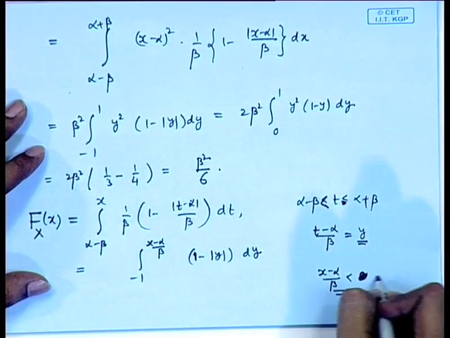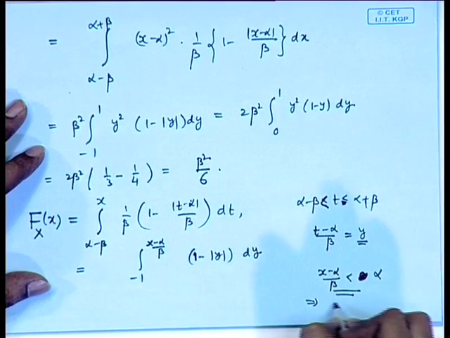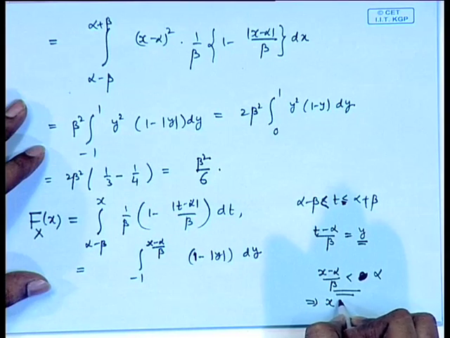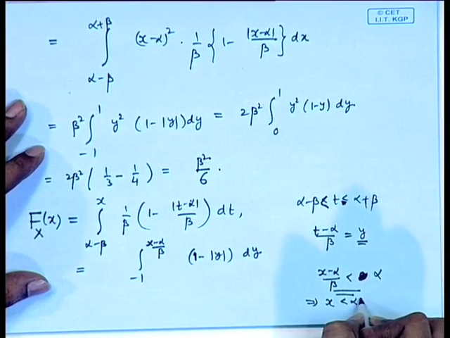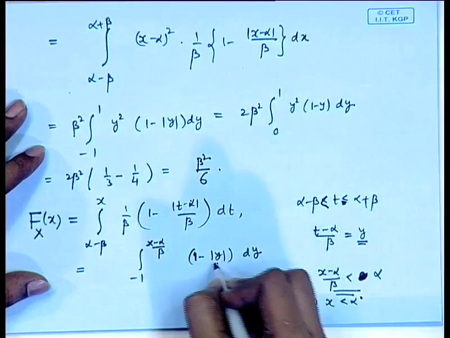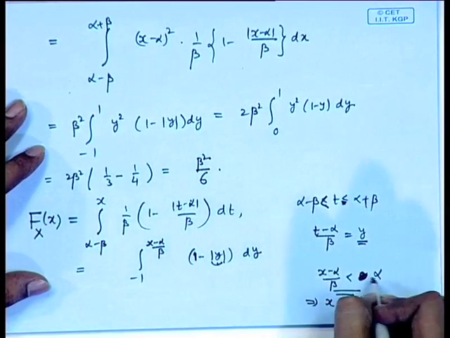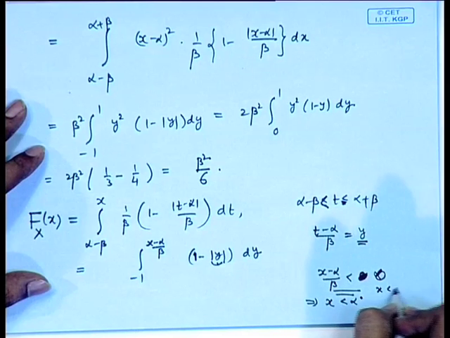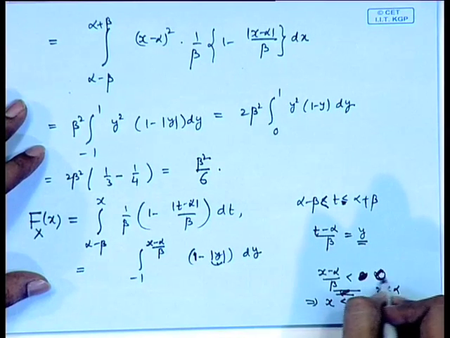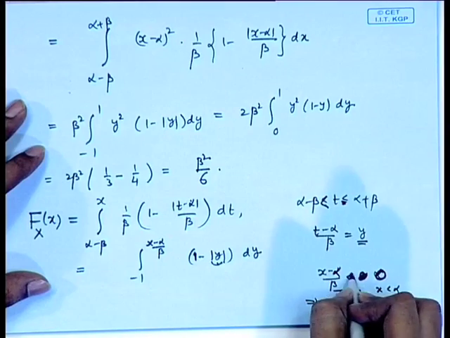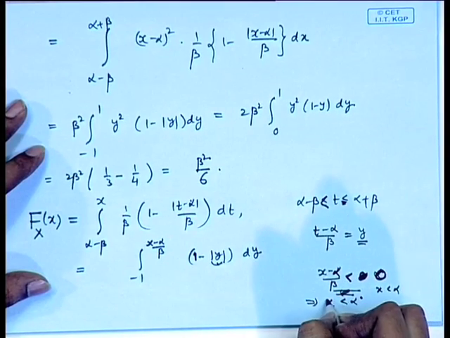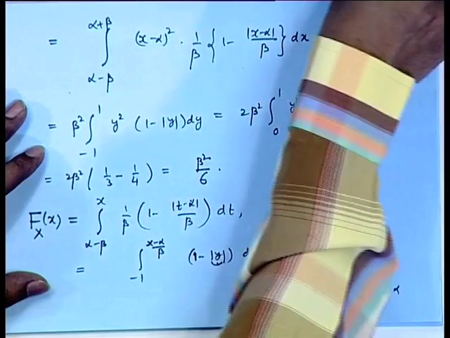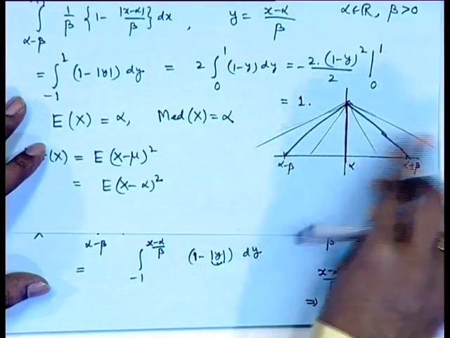We should consider x minus alpha by beta less than 0, which is basically x less than alpha, that means it is before the point of symmetry.